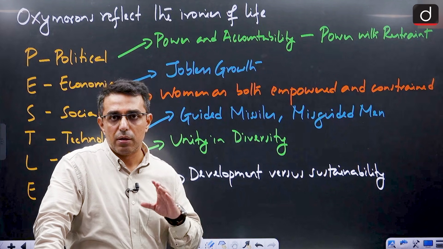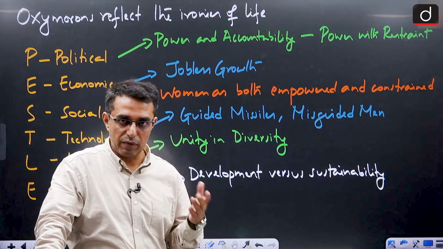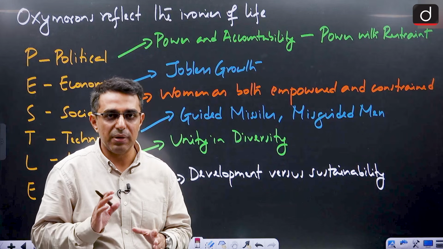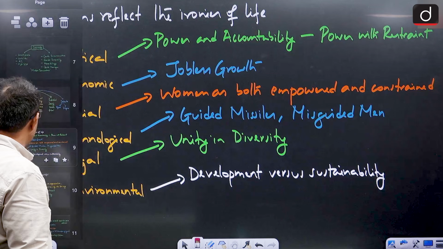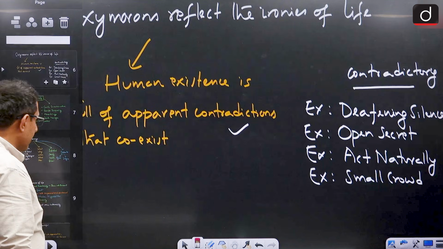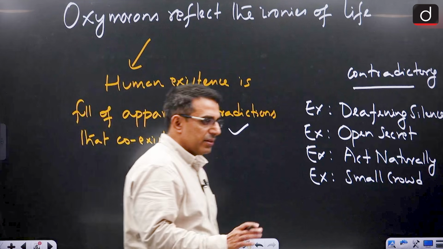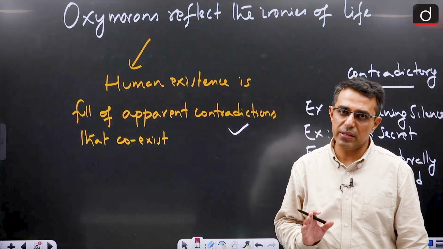And if we decide not to harm the environment, then there will be no development. So we have to find a middle path. So this is the first topic, where we have to talk about how oxymorons reflect the ironies of life. Again, this should not be our first choice unless you are very comfortable with this topic.